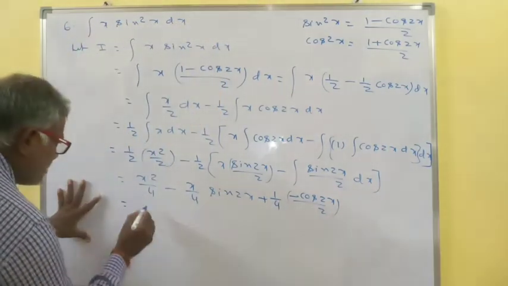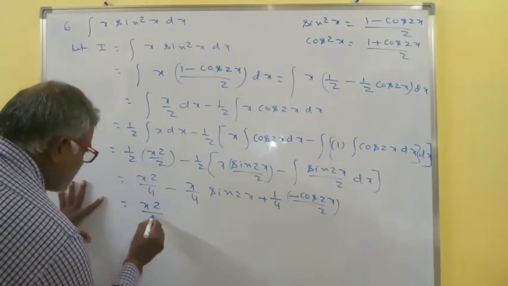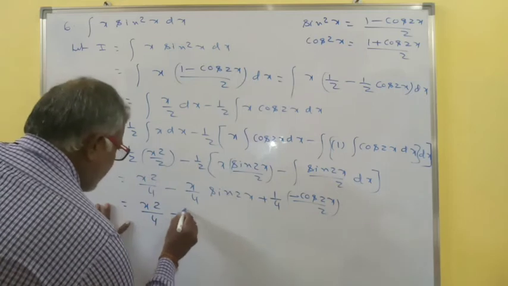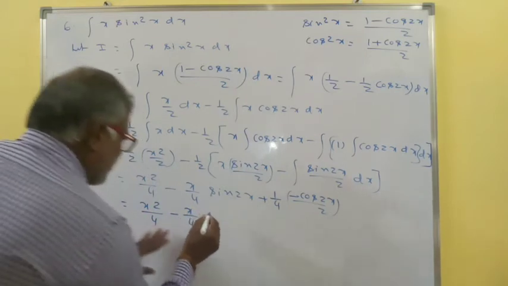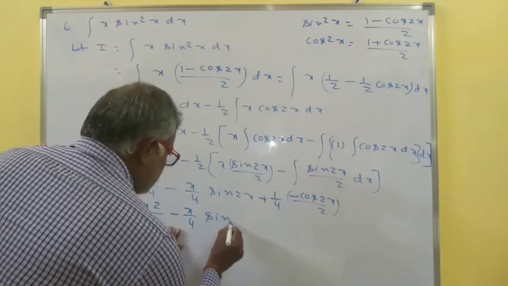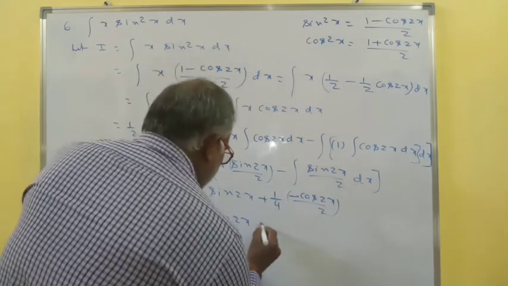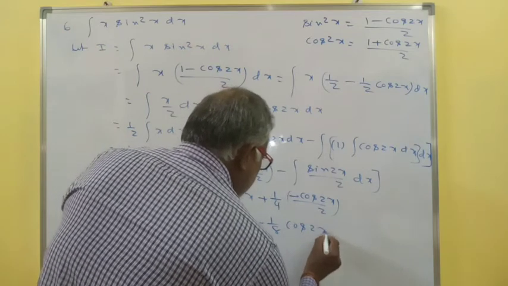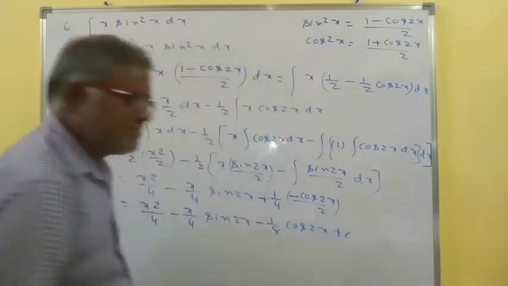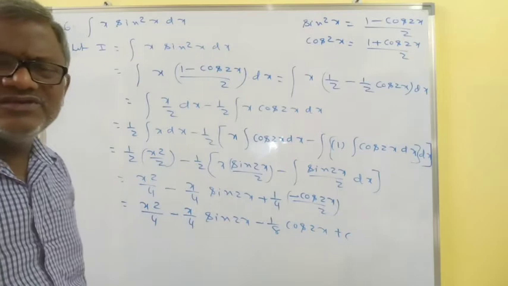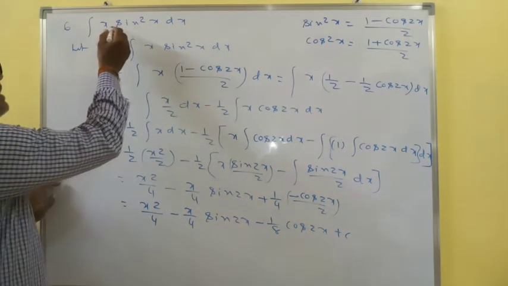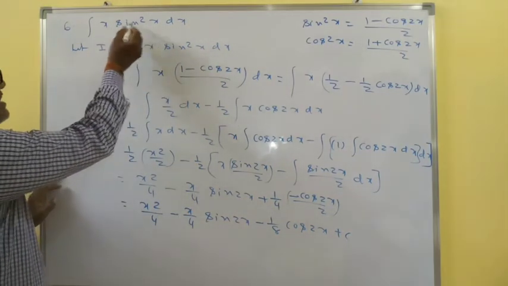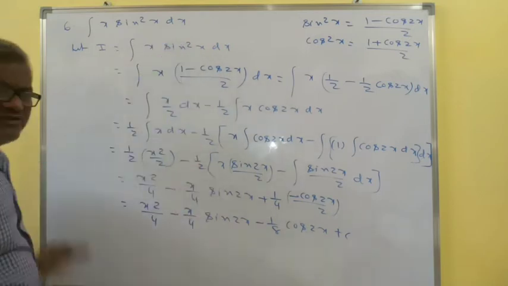So the final result is x square by 4 minus x by 4 into sin 2x, again minus 1 by 8 into cos 2x plus c. Finally, we got this solution for the problem x sin square x dx.